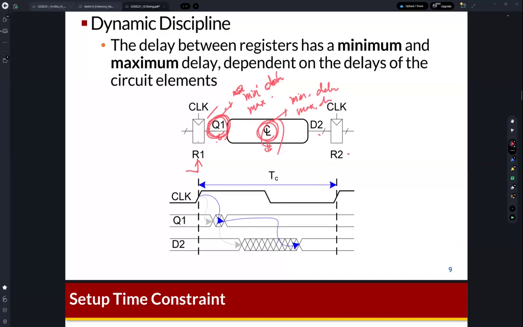So based on the minimum and maximum delay of the Q1, and also the minimum and maximum delay of this combinational logic, we can also calculate the minimum and maximum delay for this D2, right?